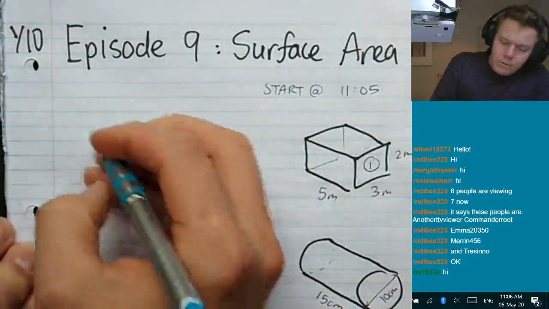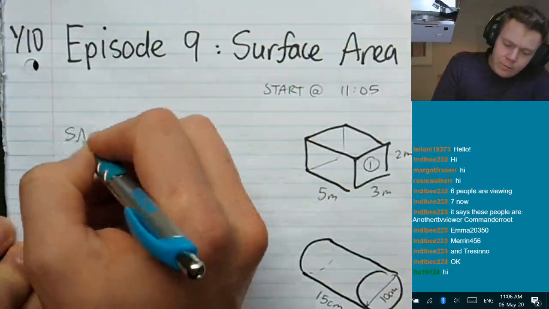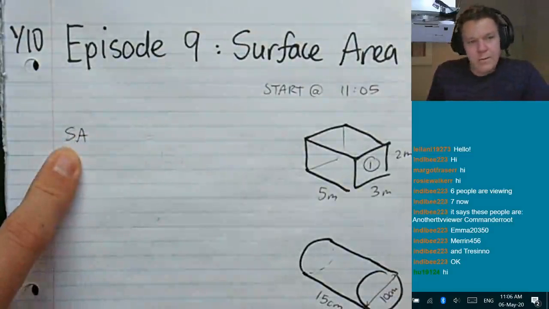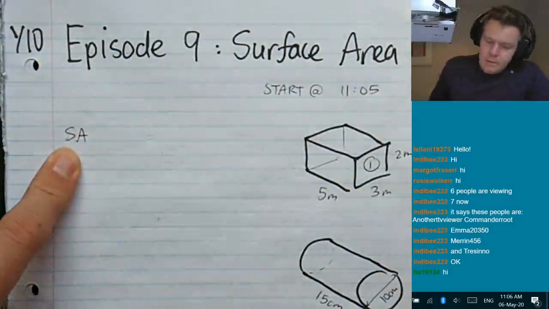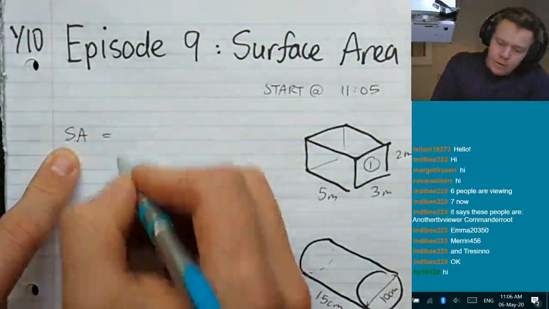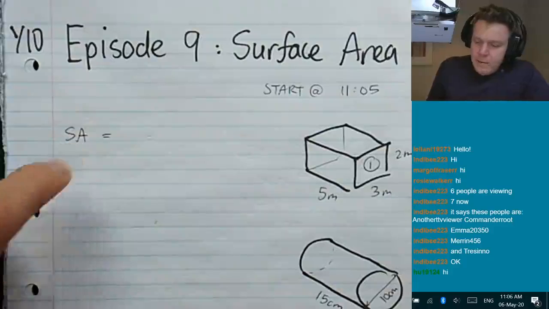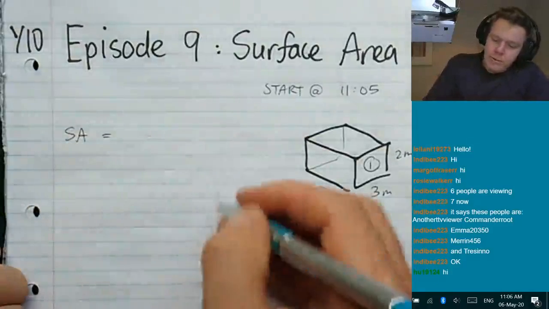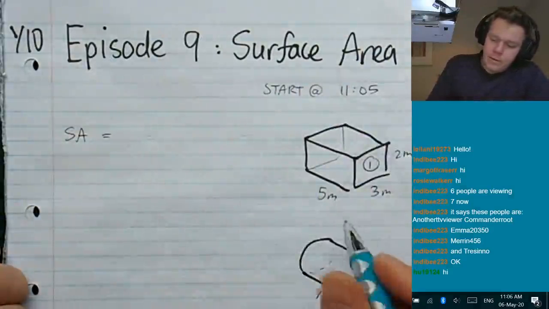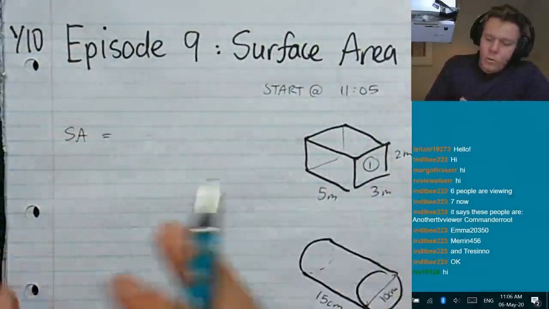When we do a surface area problem, I use SA for surface area, and then I usually just make a little equation that lays out all the sides.